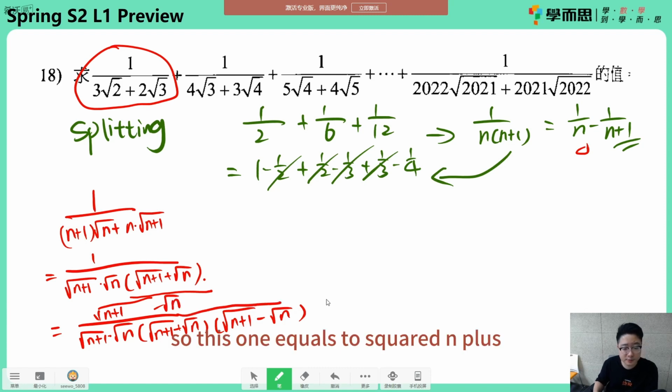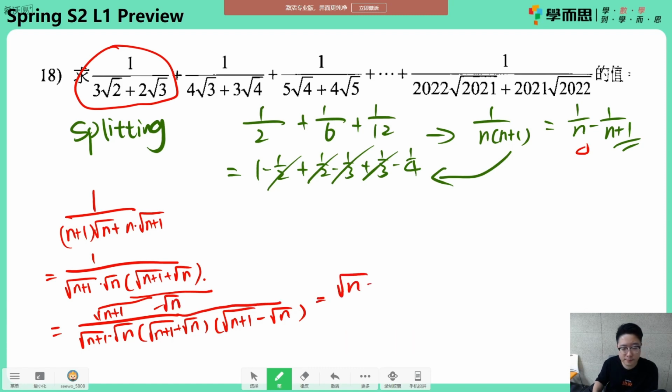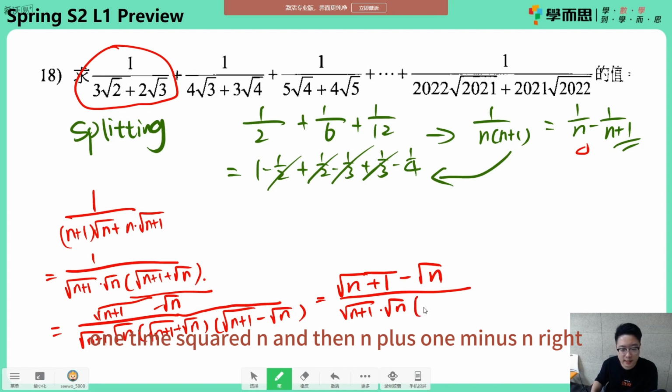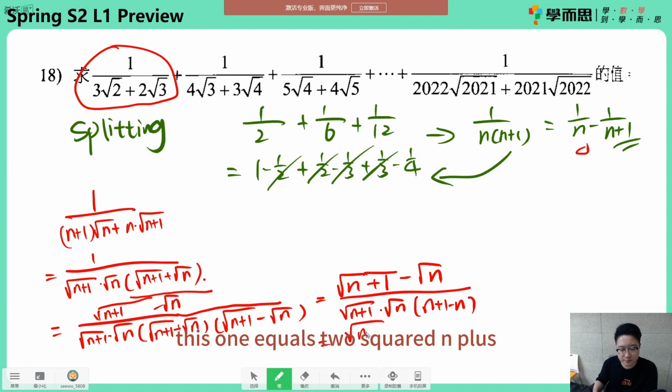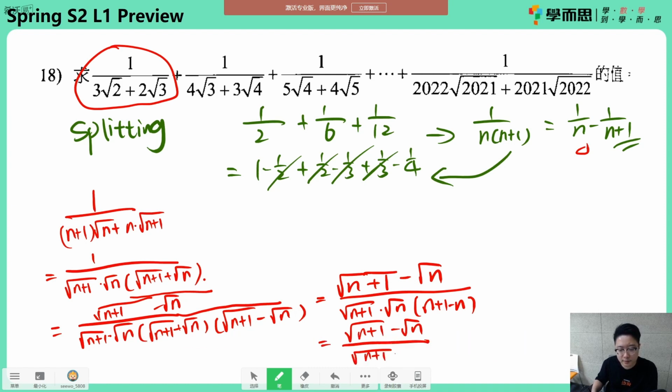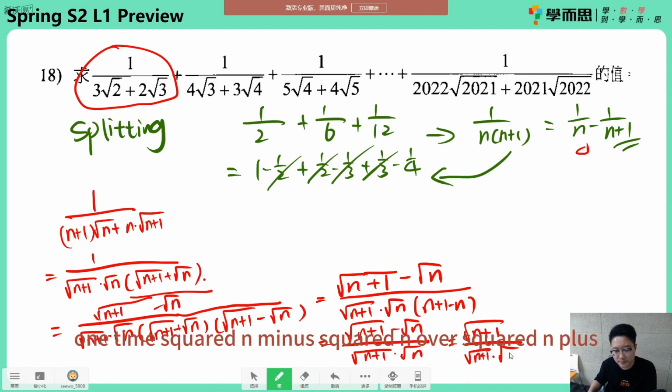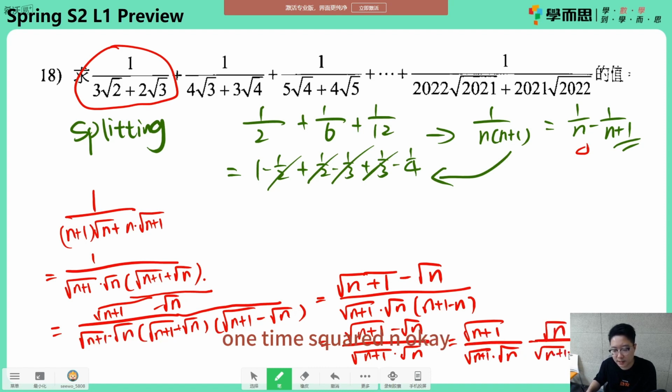Okay? So this one equals square root n plus 1 minus square root n over square root n plus 1 times square root n, and then n plus 1 minus n, right? The difference of squares. So this one equals square root n plus 1 minus square root n over square root n plus 1 times square root n, which equals square root n plus 1 over square root n plus 1 times square root n minus square root n over square root n plus 1 times square root n.